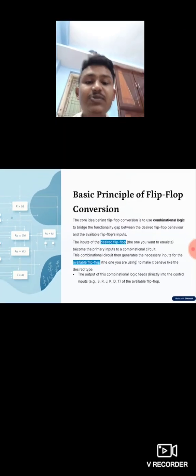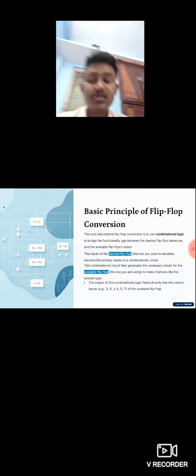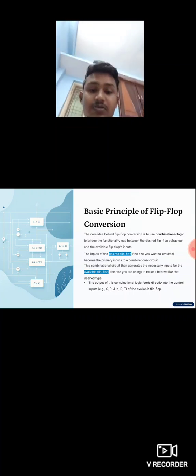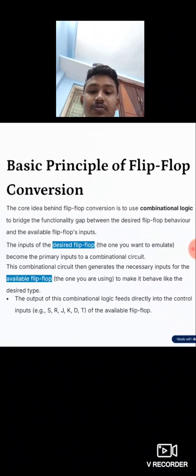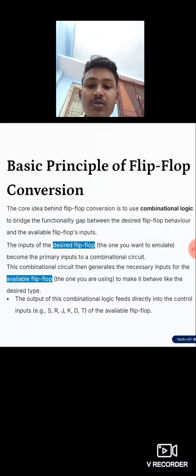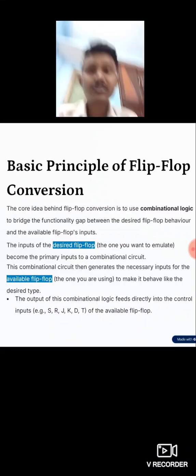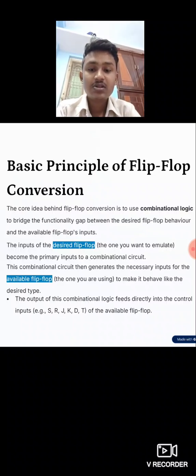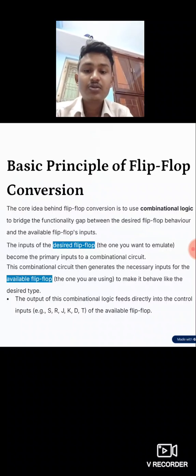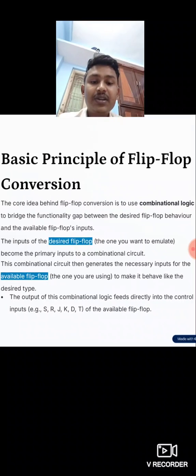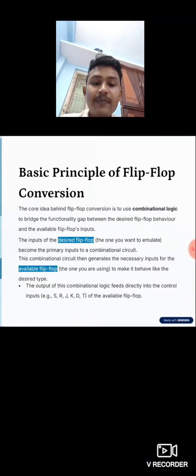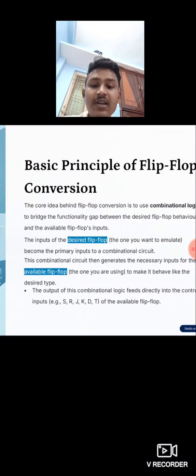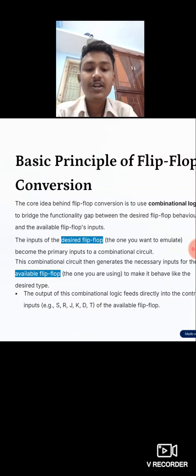Now, basic principles of flip-flop conversions. The core idea behind flip-flop conversion is to use combinational logic to bridge the functional gap between the desired flip-flop behavior and the available flip-flop inputs.